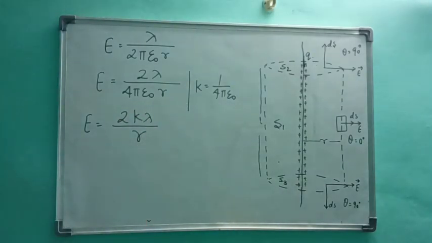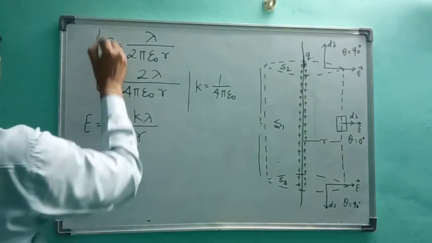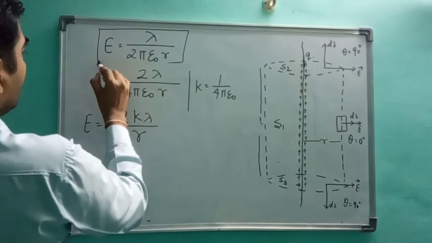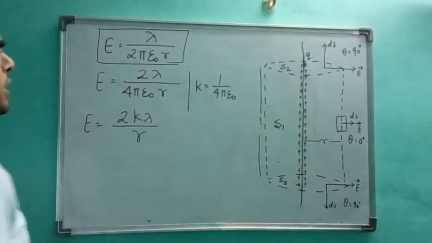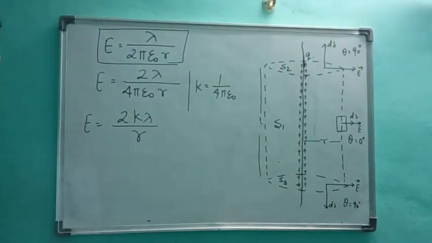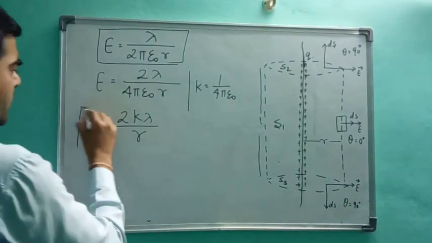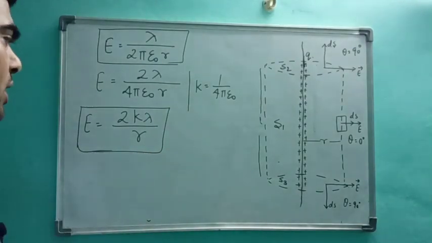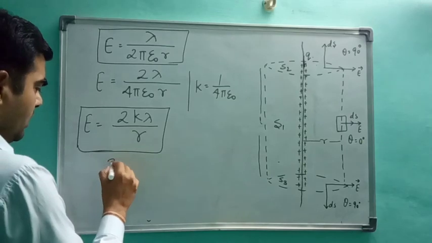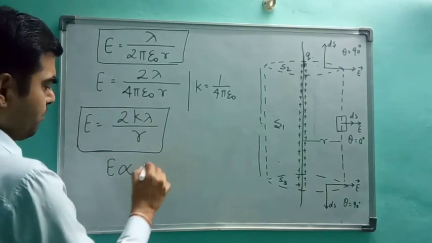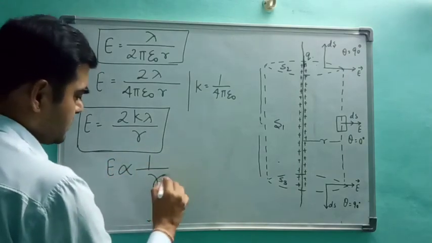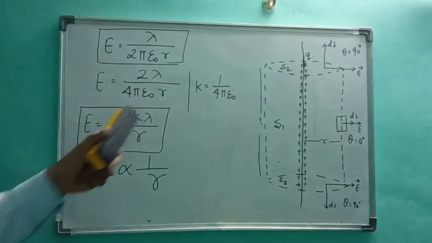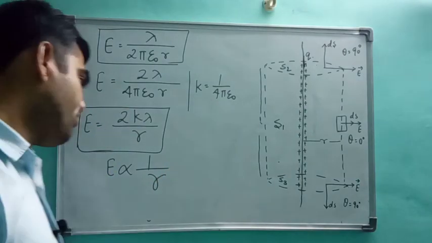The first formula is E is equal to lambda upon 2 pi E naught r, and the second is also created, E is equal to 2k lambda upon r, and the electrical field is inversely proportional to the radius of the cylindrical Gaussian surface.